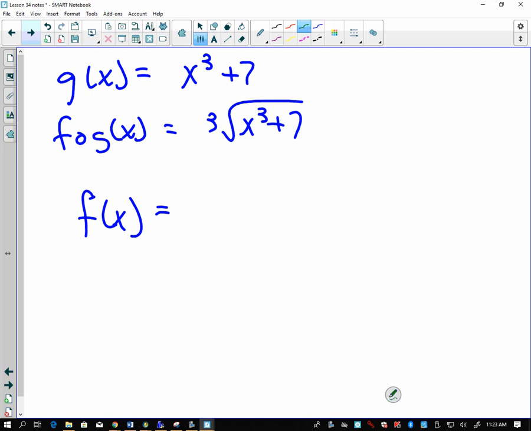Notice that g of x is right here, correct? So let's say I did away with that. What would I put in its place? I would get the cube root of x. So all I'm doing is replacing the other function with x to get the other function. I'm replacing g of x with x to get f of x. Does that make it a little easier? If I just take out g of x and replace it with x, that gives me f of x. That's what we're talking about with decomposition. All right, that should be fairly easy. Hopefully we understand all that.